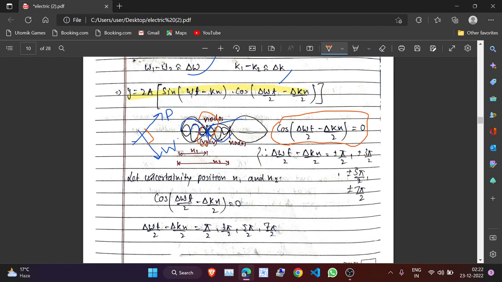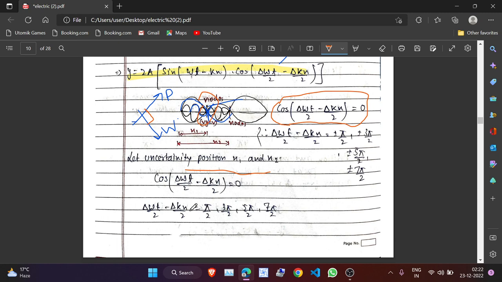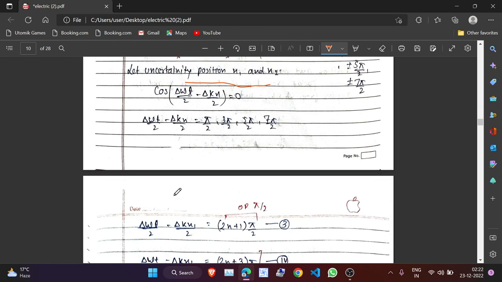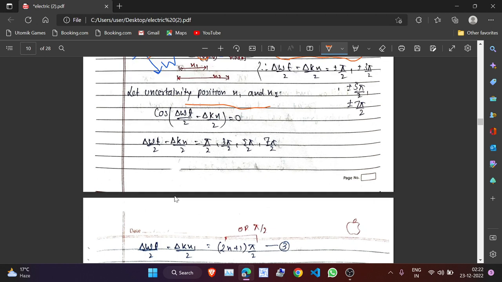So let us consider the uncertainty in position as x1, x2. We have considered it, and we make delta omega into t upon 2 minus delta k into x upon 2 equal to pi by 2, 3 pi by 2, 5 pi by 2, 7 pi by 2.